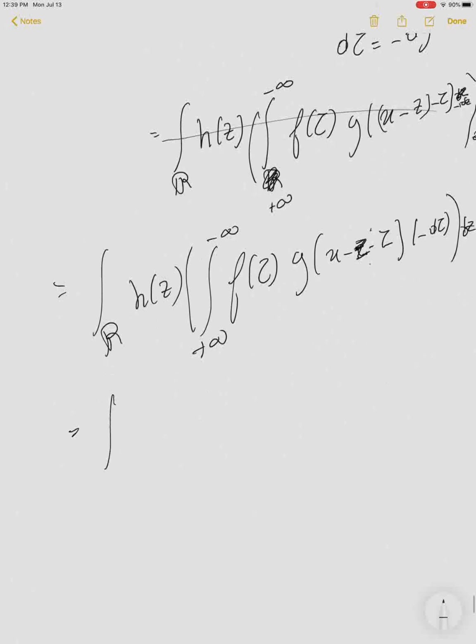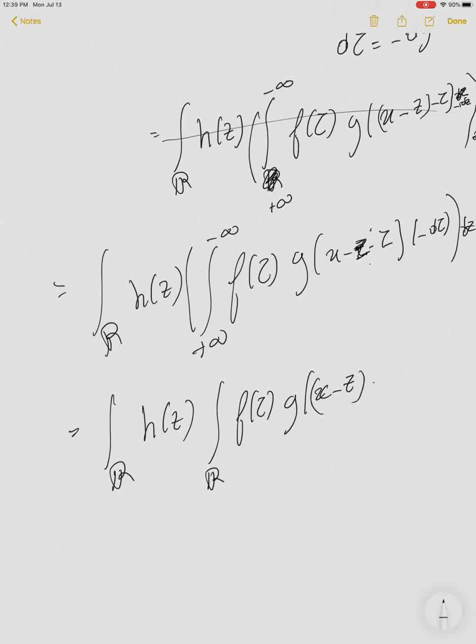So this is plus infinity to minus infinity, so I have to flip the integral: h of z, integral over R of f of tau, g of x minus z minus tau, d tau, and all this dz.